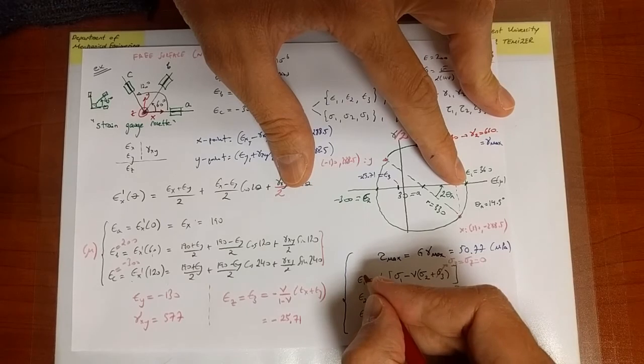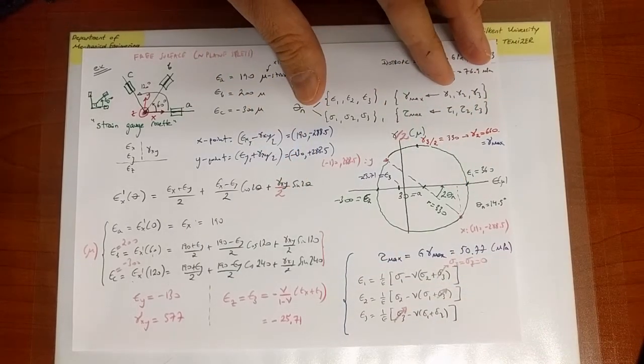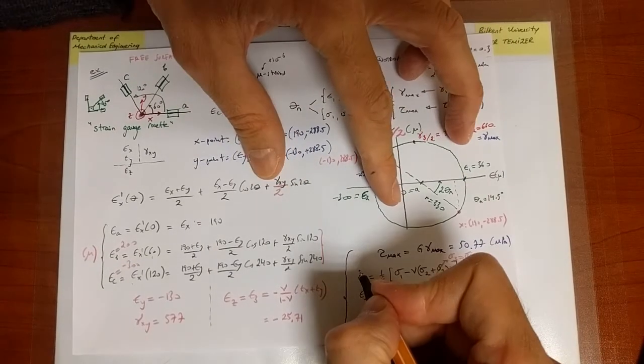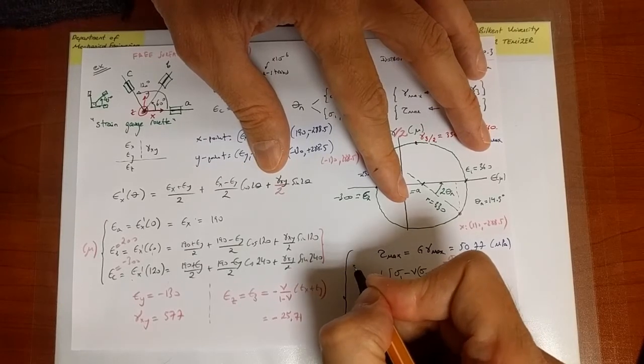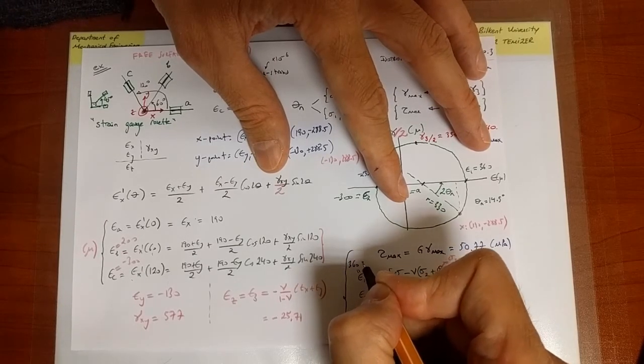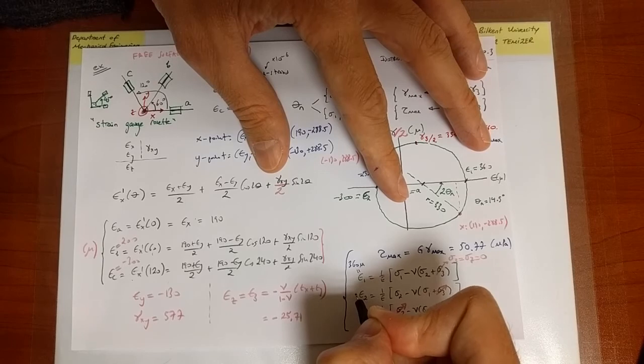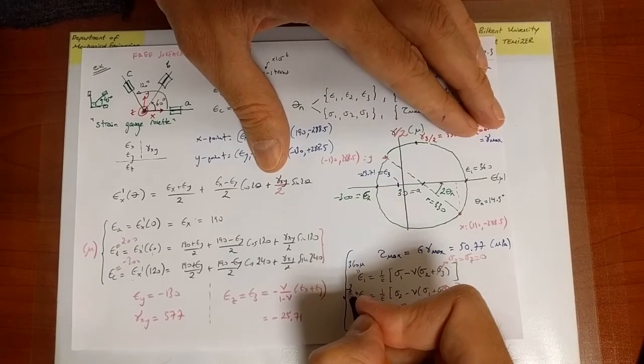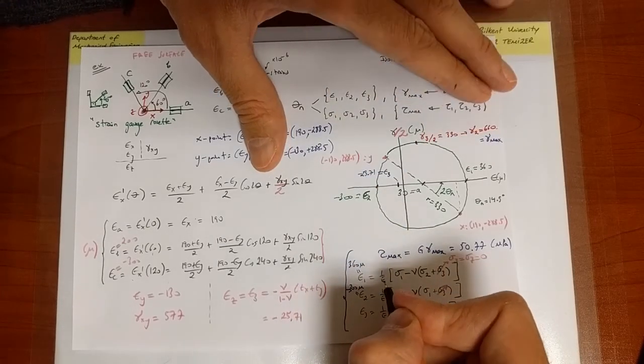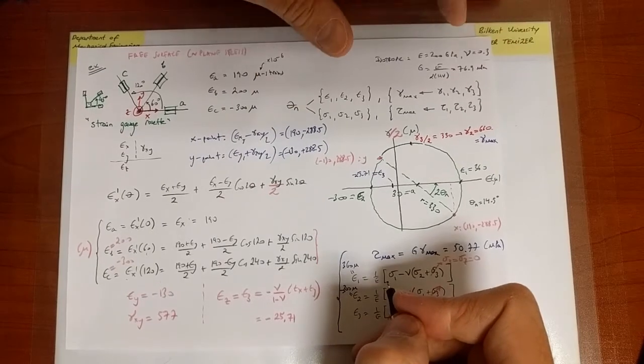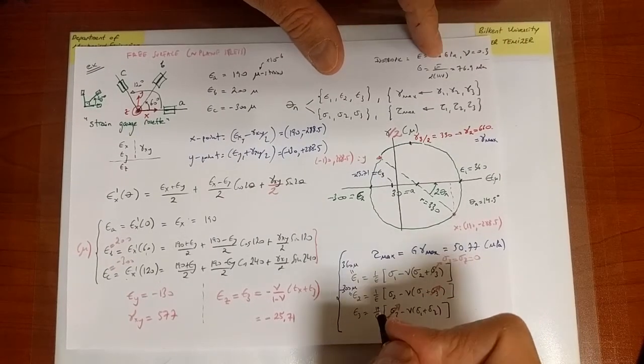And therefore, I know the value of epsilon 1. We found it. It is equal to 360. Now the units are important. This is 360 microstrains. This is equal to minus 300 microstrains. E is going to be equal to 200 GPa.